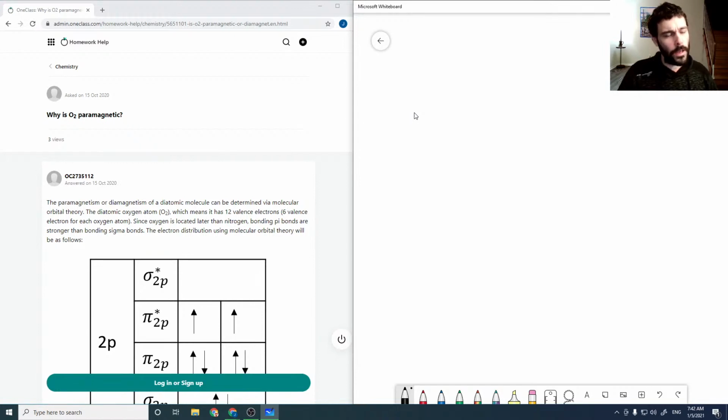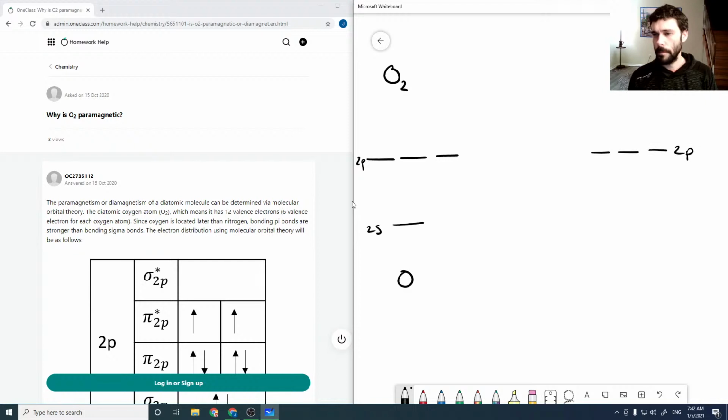Okay, why is O2 paramagnetic? So for oxygen, our MO diagram is going to be the overlap between 2 oxygen atoms. So there's our 2p and our 2s. So this is 1 oxygen atom, and here is our other oxygen atom.